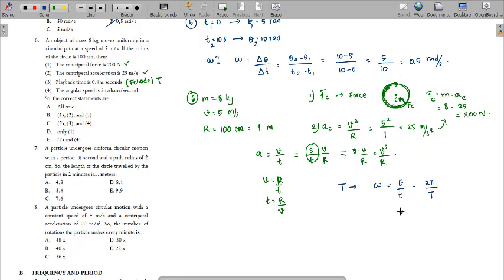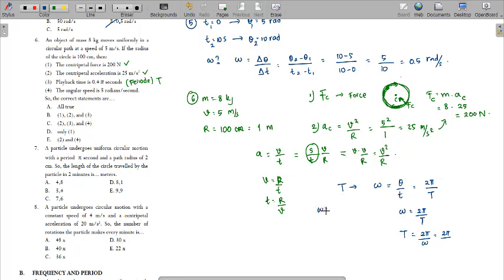So you have omega, another formula than theta divided by time. Theta is the angular distance. Omega equals 2π divided by time, the period. So how much is the period? Period equals 2π divided by omega. How much is omega? Do you have omega now? No, you don't have omega. You find omega first.